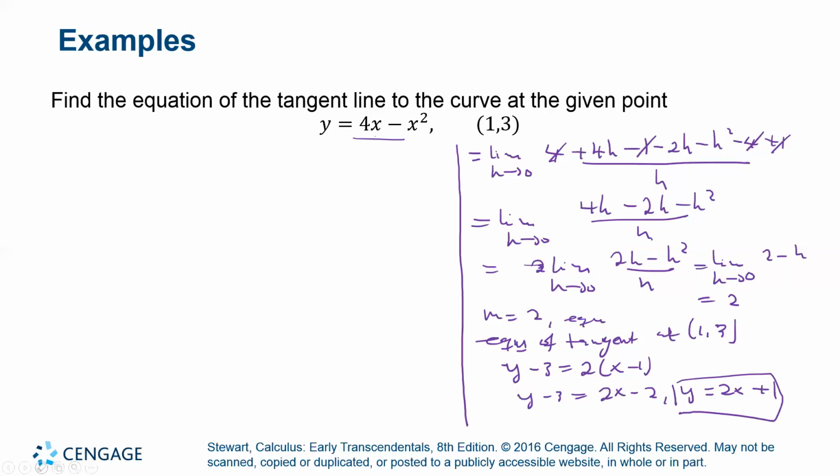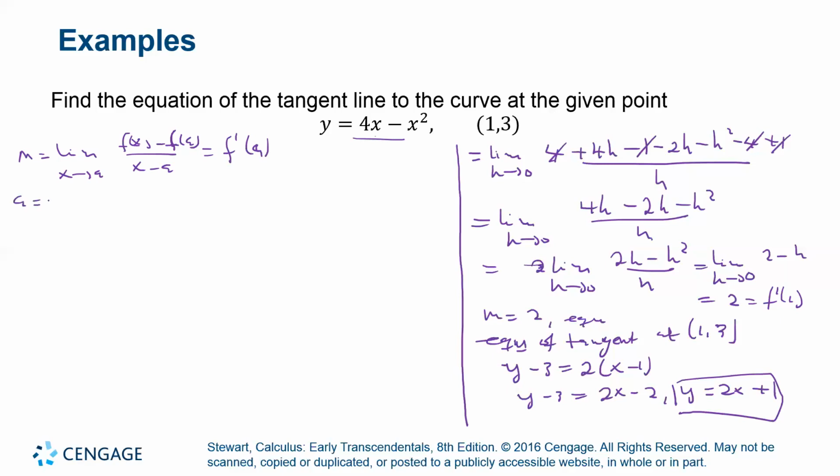Using the other definition, the slope m is the limit x goes toward a of f of x minus f of a over x minus a. By the way, this is f prime of 1. The slope is f prime at 1.